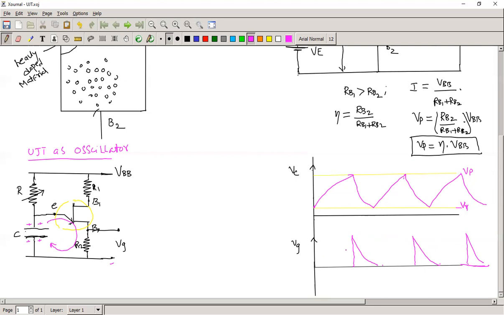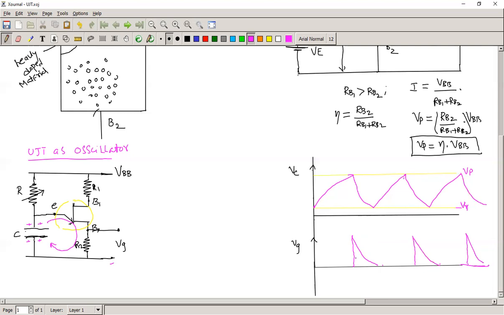so that the SCR will go to the on state when it is forward biased. But the point here is that when you are going to use the UJT to generate the gate pulses which we are applying to the SCR, these pulses should be synchronized pulses.